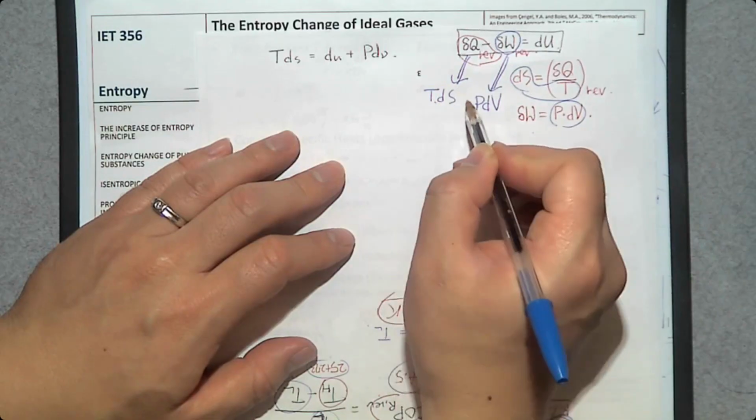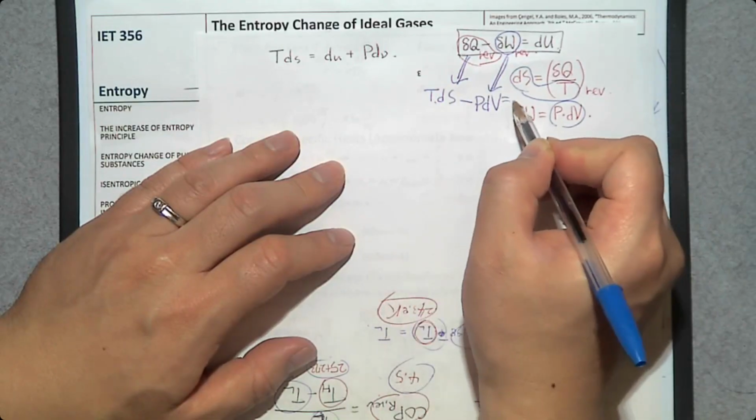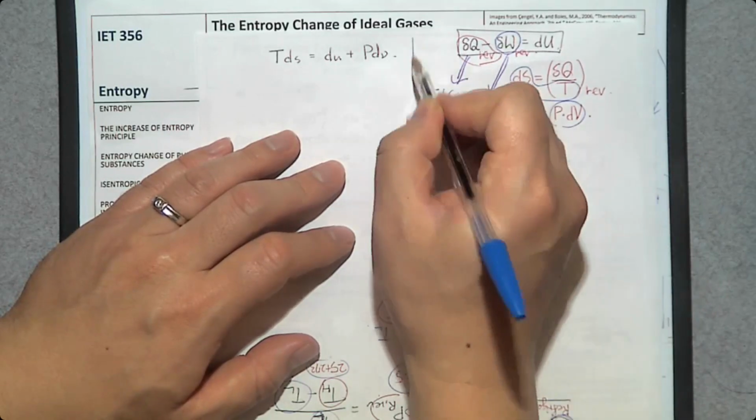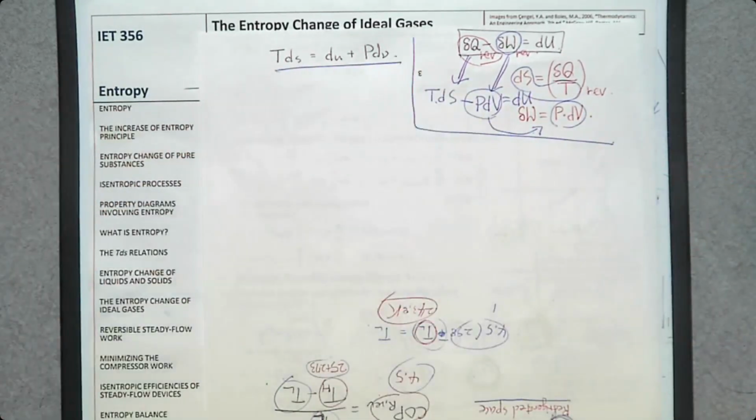So TdS minus PdV is going to be du. If you move this one to the right-hand side, you get this equation. That's what we did last week.